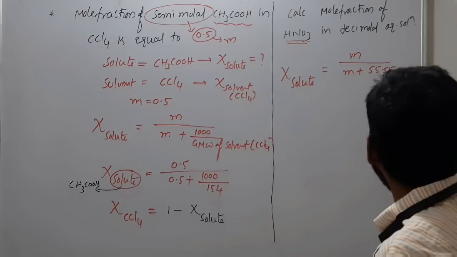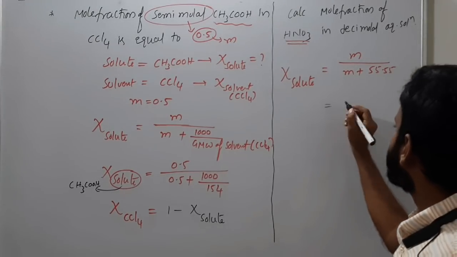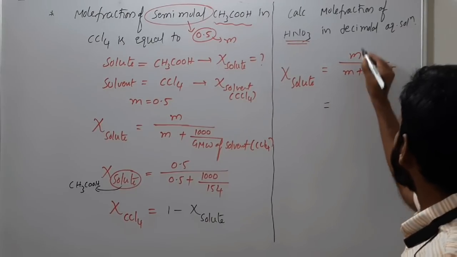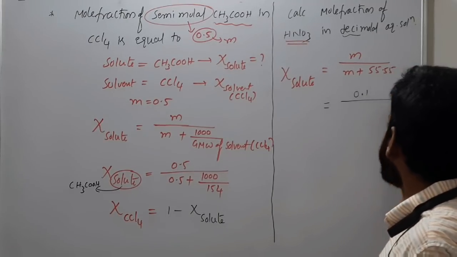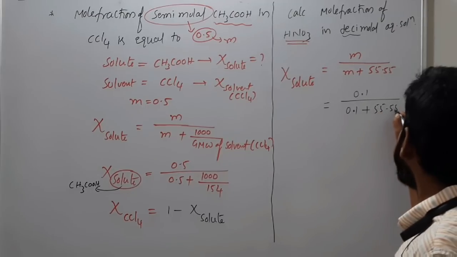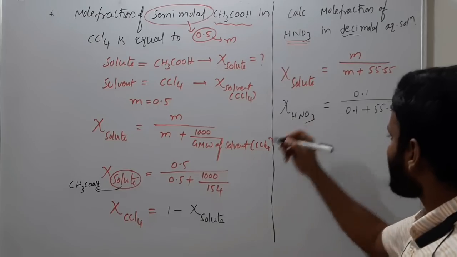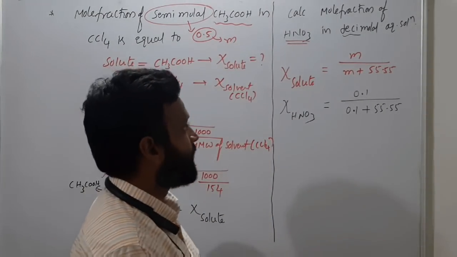Got it, sir, everyone? So now you have that question here. So now you can solve also. So molality is how much? Deci means what? 0.1. So 0.1 by 0.1 plus 55.55. That's it. This is mole fraction of HNO3. Got it? You have to simplify all these things.